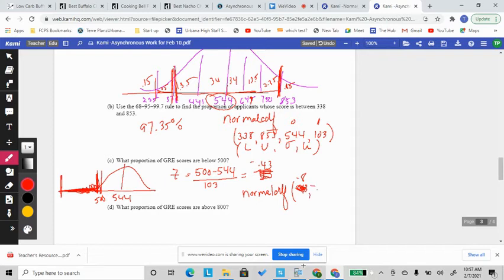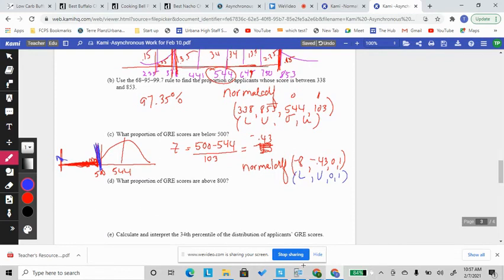Upper is negative 0.43, and then 0 and 1. Sorry, I'm trying to rush here. So lower, negative infinity down here. Upper would be the z-score at negative 0.43. And then the mean is 0 and 1 because you're using z-scores.